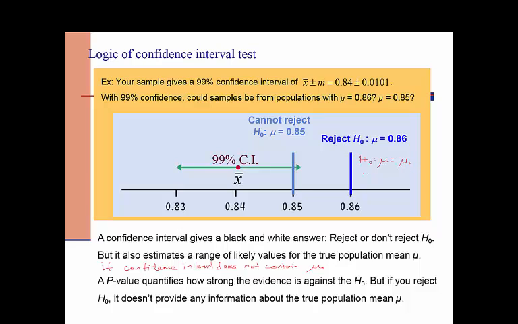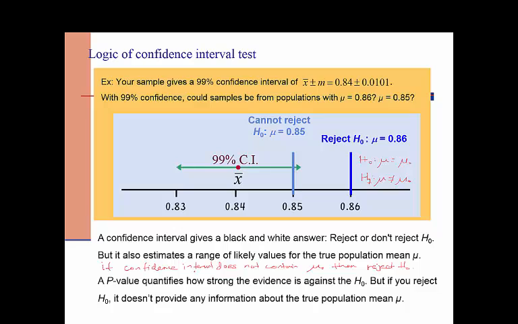I'm going to call it mu naught, some value, right? If it's 0.86, it's 0.86. For the cherry tomatoes, it was 227. So I just call it mu naught, some value, to be generic. And mu is not equals to mu naught, right? If that was a hypothesis, well then, if the confidence interval does not contain this number, mu naught, then we reject the null hypothesis, H naught.